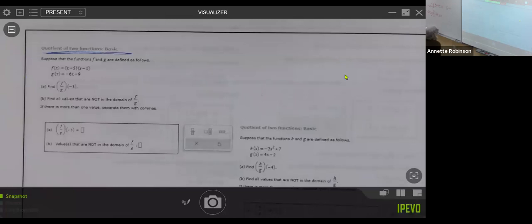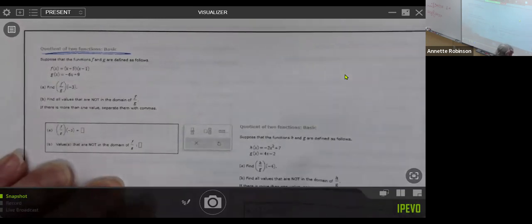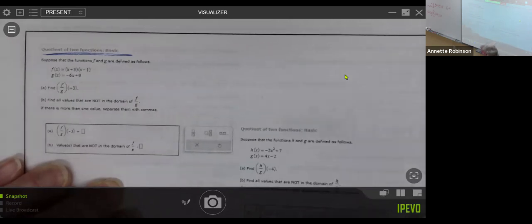Suppose that the functions f and g are defined as follows. f of x is (x plus 5)(x minus 1), and g of x is negative 6x plus 9. We are asked to find f over g of negative 3, and then find all the values that are not in the domain.